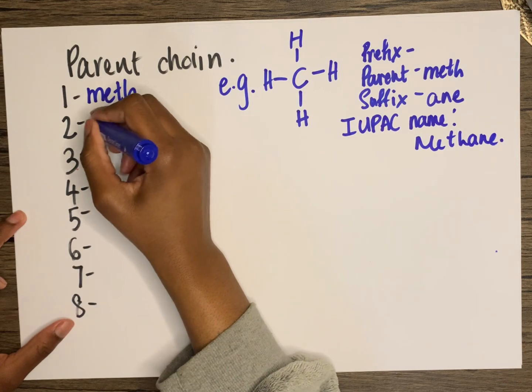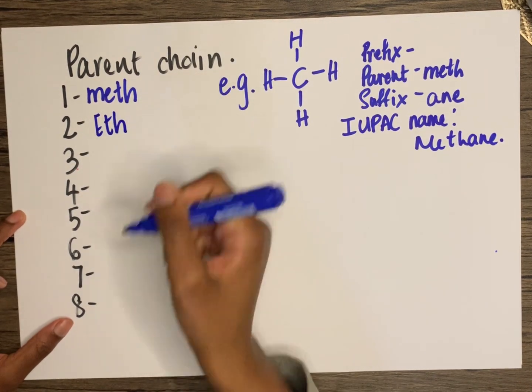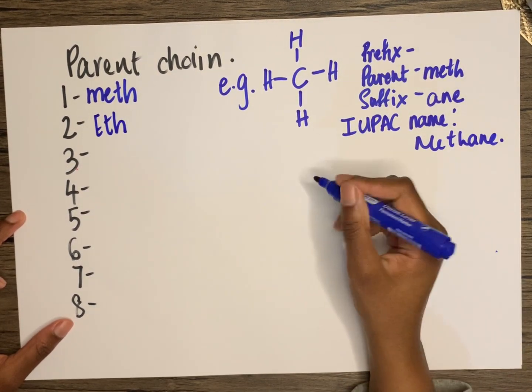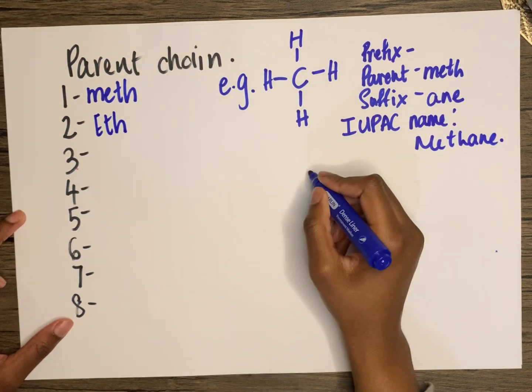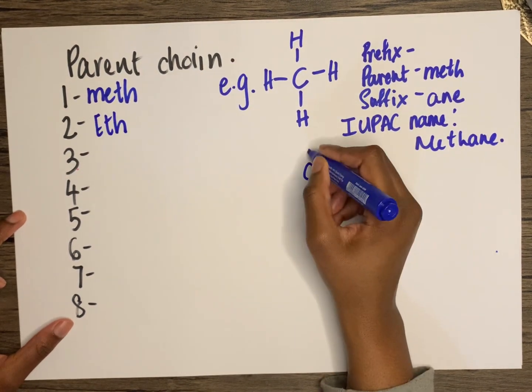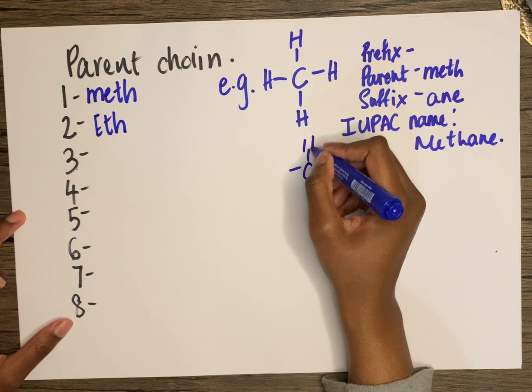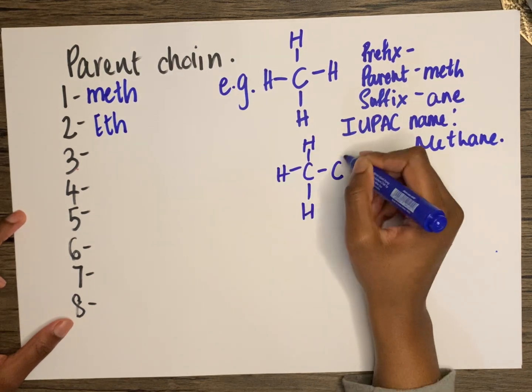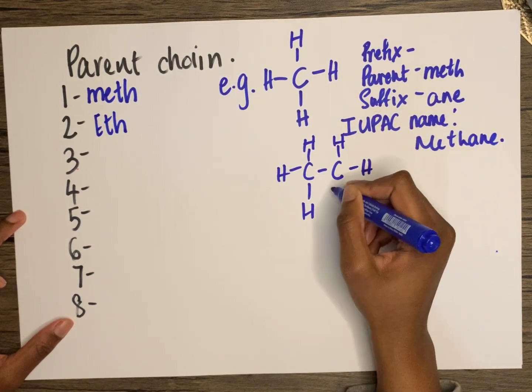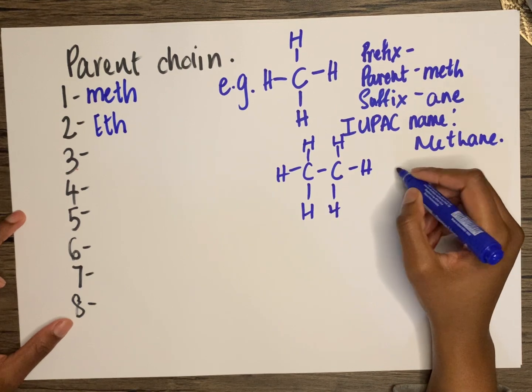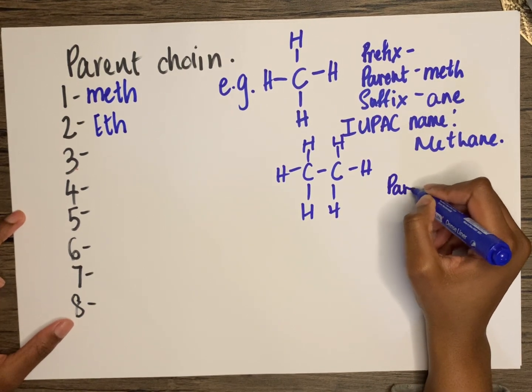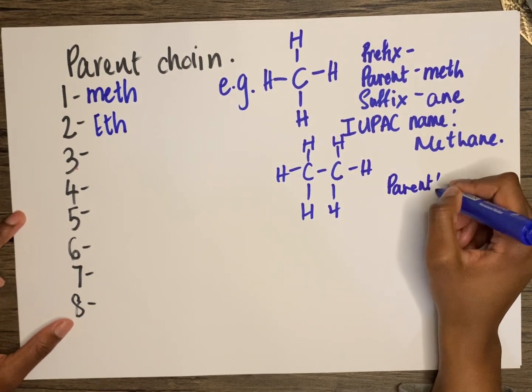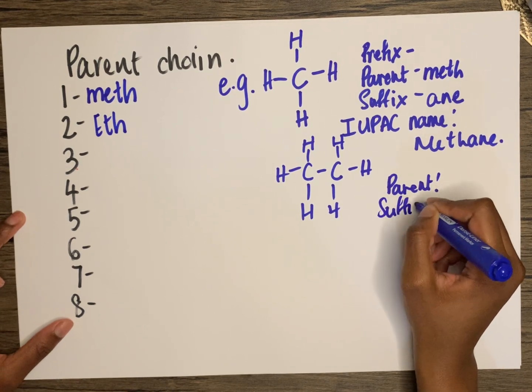If I have 2, then we use eth, which means if I now have 1, 2 carbons, then this would be named the parent, suffix.